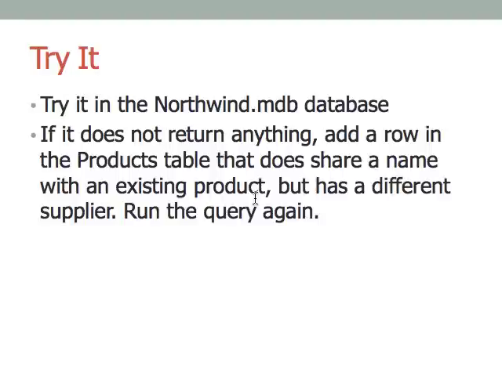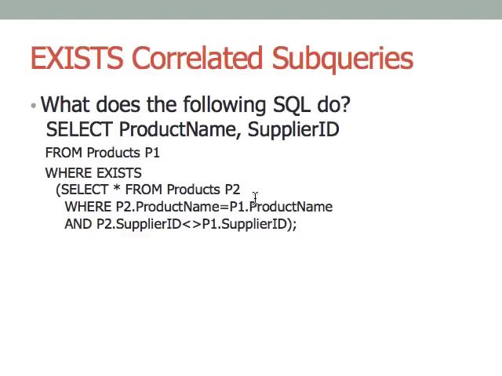Another useful correlated query to interpret is when you use the exists clause. So read this for a moment. We are trying to find product name and supplier ID from products again. We created the same alias P1, but now we're saying where exists. And remember, the exists command looks for a logical value, true or false.